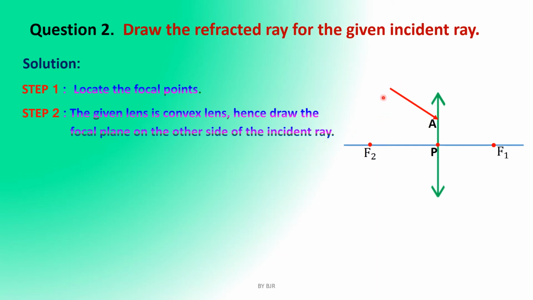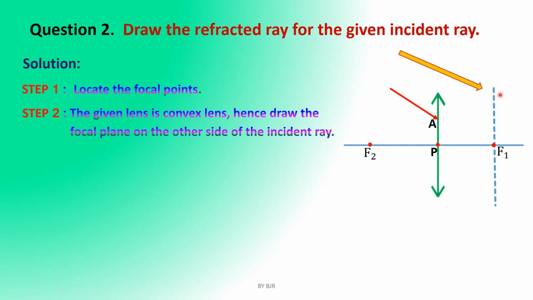We always remember we have to draw the focal plane all the time on the other side of the incident ray in case of convex lens. This side only we have to draw the focal plane because the incident ray is this side. Let us draw it. See here. This is the focal plane.